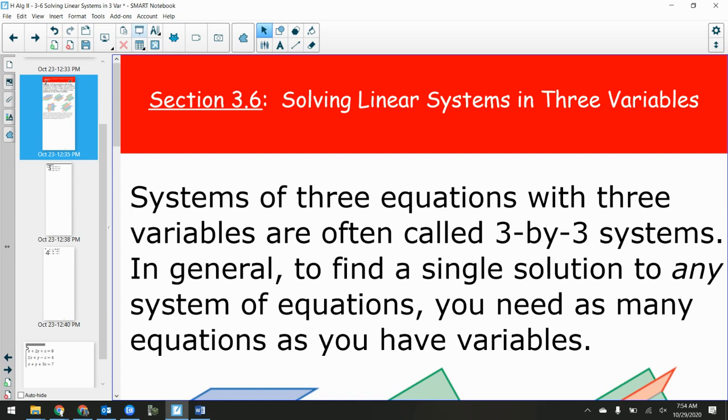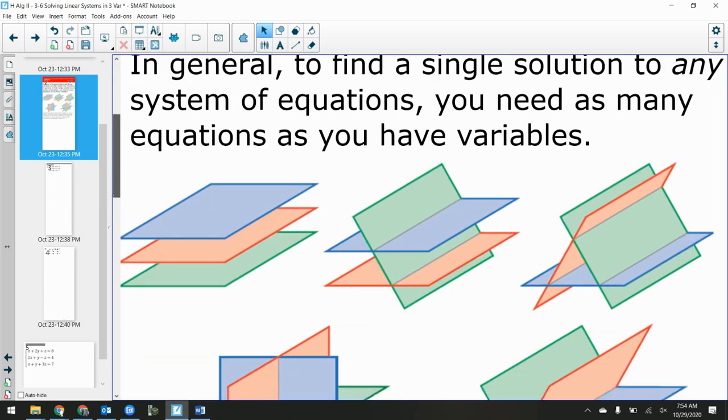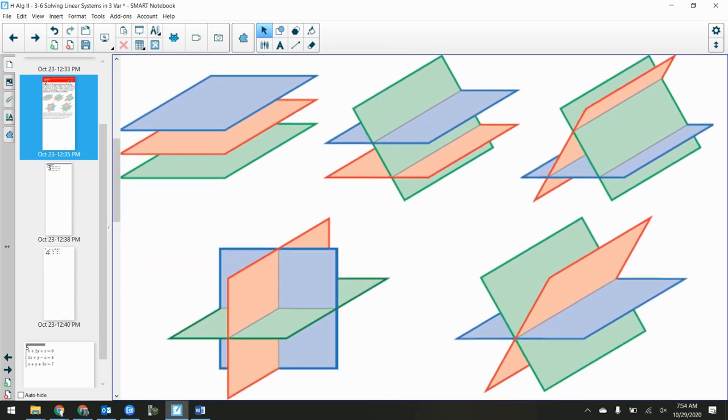Now, what does this look like graphically? Well, it's actually 3-dimensional graphing. Back when we started learning how to graph, we said I've got an XY plane, a horizontal number line known as the x-axis and a vertical number line known as the y-axis.